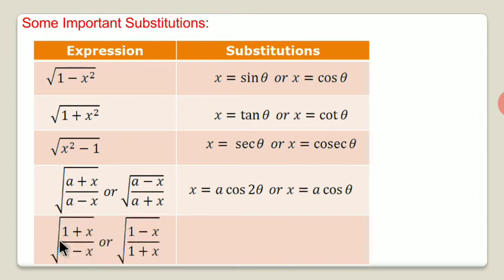When the expression is of the form square root of 1 plus x upon 1 minus x or square root of 1 minus x upon 1 plus x, at that time we use the substitution for x as cos 2 theta or x equals cos theta.